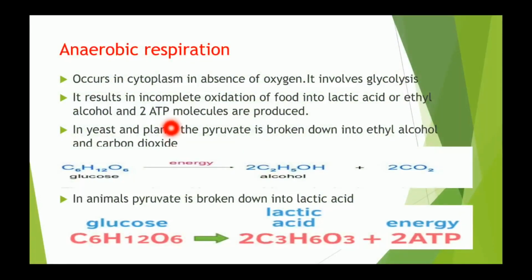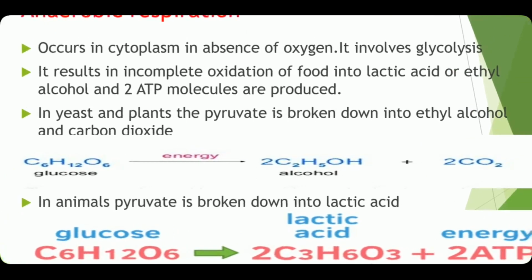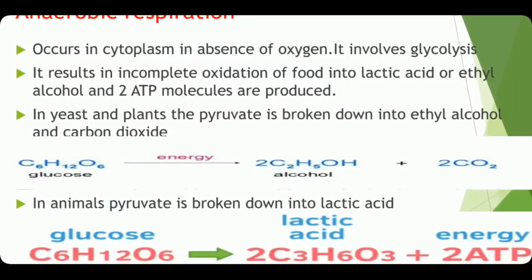Now, anaerobic respiration. Aerobic respiration occurs in mitochondria, whereas anaerobic respiration occurs in the cytoplasm. You also know that anaerobic respiration means absence of oxygen.